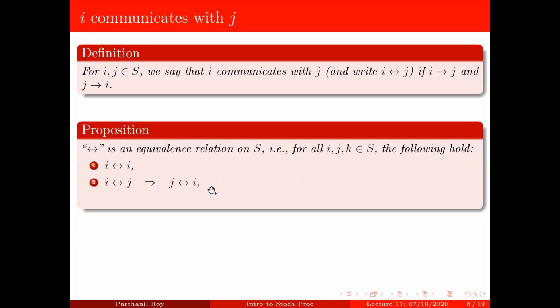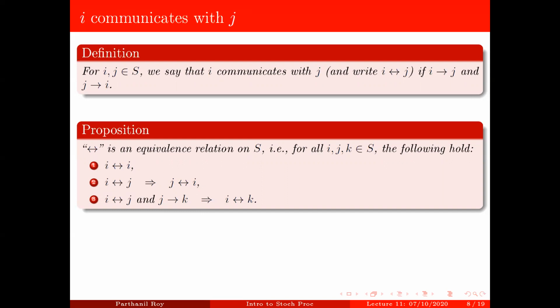So that's the symmetry. Now i communicates with j and j communicates with k implies i communicates with k. So there is a typo here. The statement is correct, but this should be communicates. Because we are talking about this being an equivalence relation, this should be the transitivity of the communication relation. This statement is true, but there should be double arrow here. So I'll correct this time.